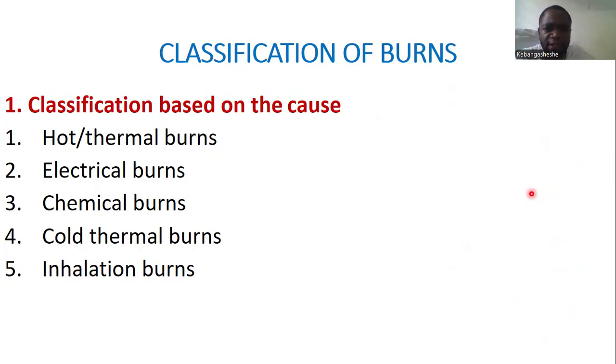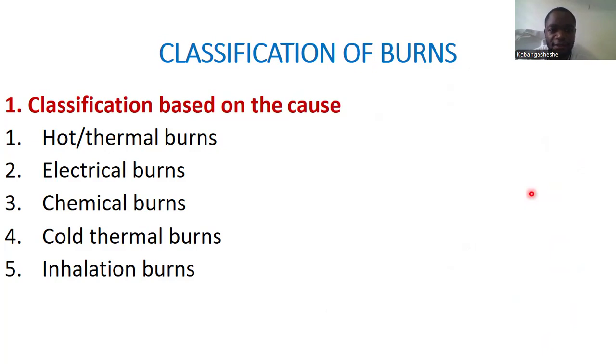Burns caused by heat we usually call thermal burns. These come from sources of heat, especially dry flames, hot plates, and so on. Electrical burns, of course, the cause is an electrical source, an electrical fault. Chemical burns, where we're talking about corrosive agents, like I was saying, acids and alkali.